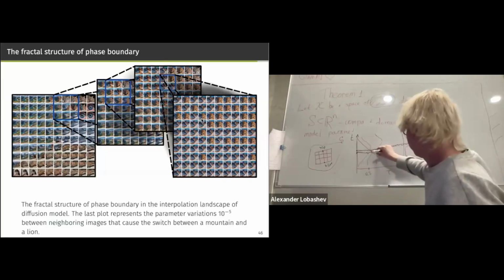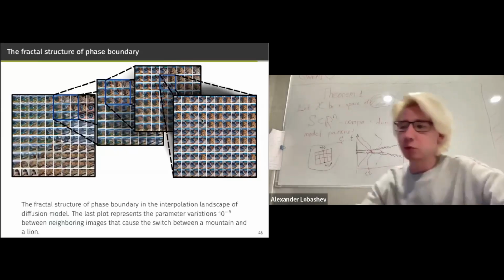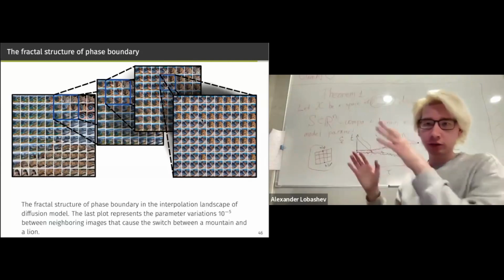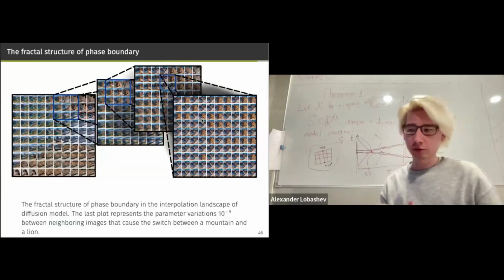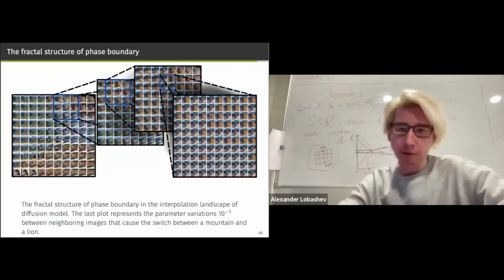Because close trajectories will significantly diverge, since they need to cover all modes, and these modes would be located in very different parts of this image space.